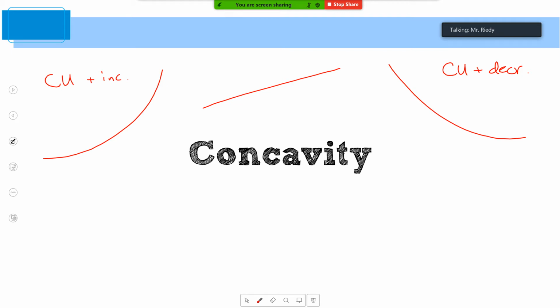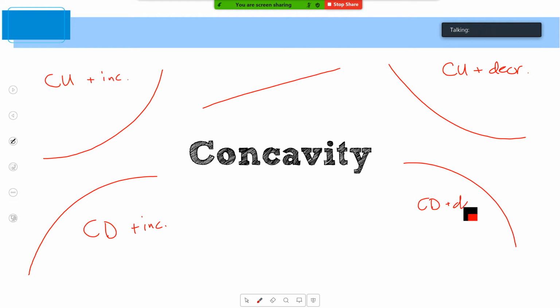Okay, good. Concave down and increasing, and concave down and decreasing. Okay. 5 possibilities. For concavity, we don't really care about this one too much. We're going to look at the other 4.